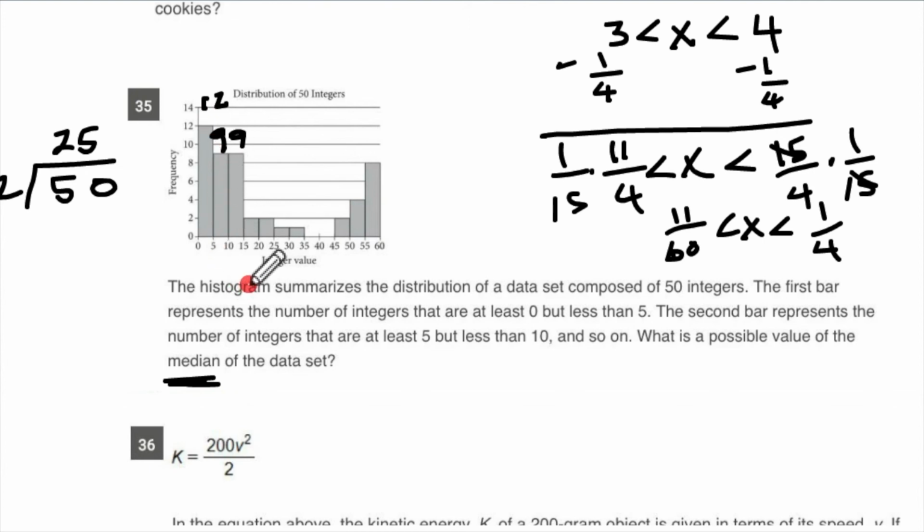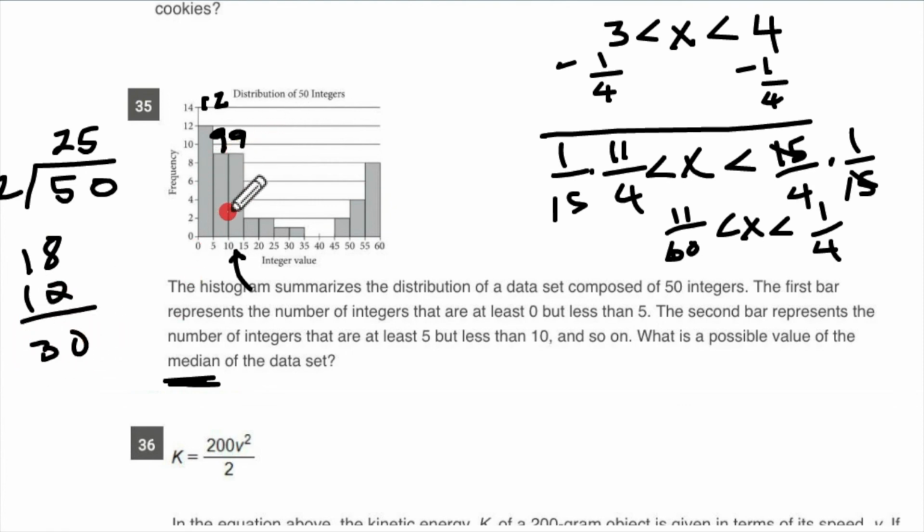So it's going to be somewhere between, right in here, between 10 and 15. So the answers could be 10 through 14 that you could pick, because 25 would be below the median and 25 above the median. So if I looked here, it's going to be 12, this is 18, and 12 is 30, right?